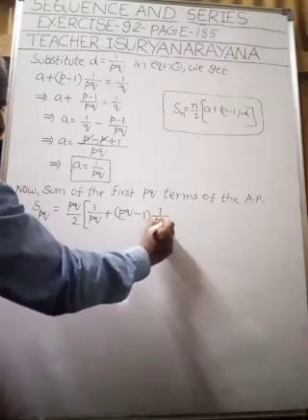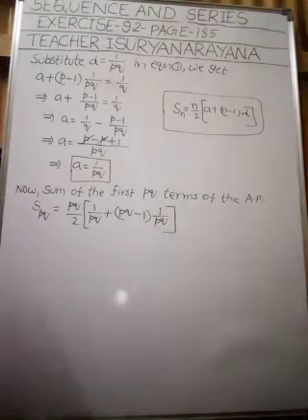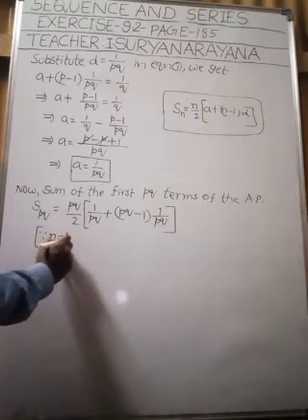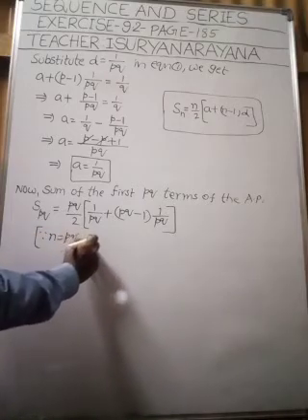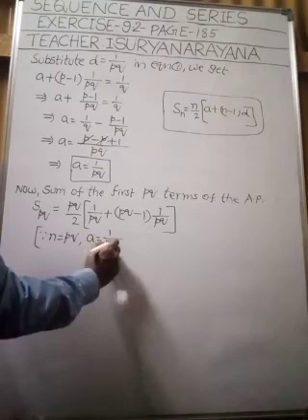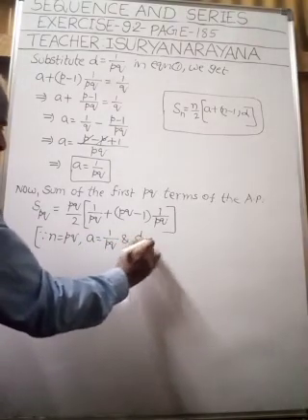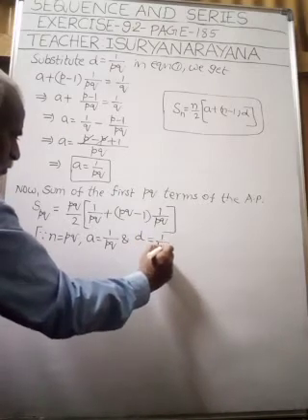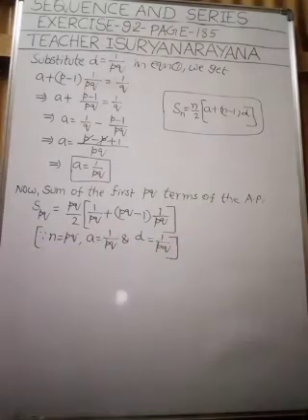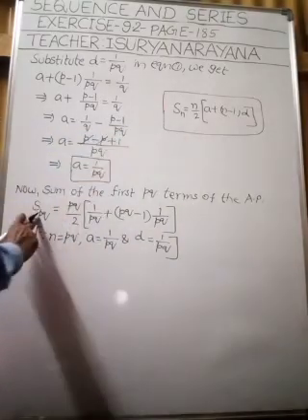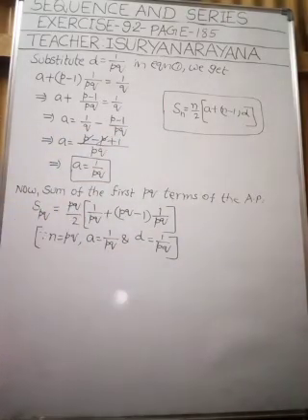D means 1 by PQ. Yes or no, my children? Because n is equal to PQ, A is equal to 1 by PQ, and D is equal to 1 by PQ. Okay, my children, we substituted these three values in this formula. We got this step. Understood this step, my children?